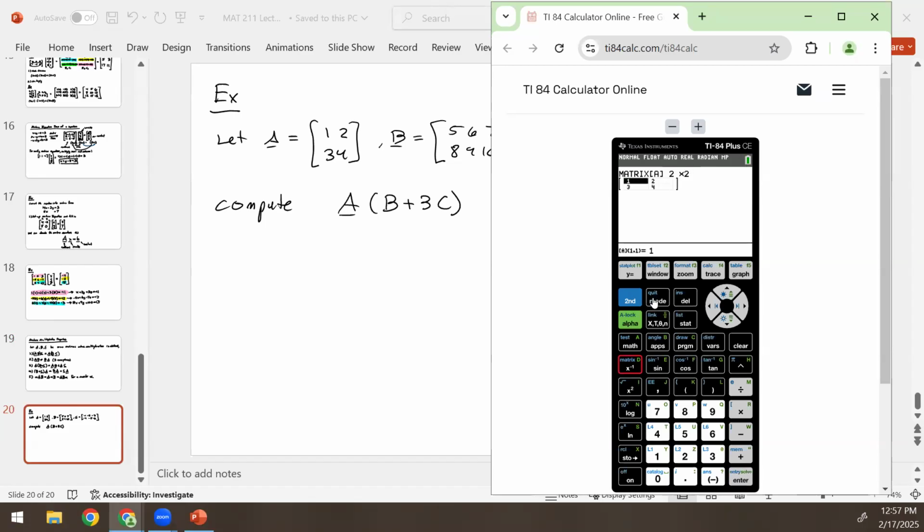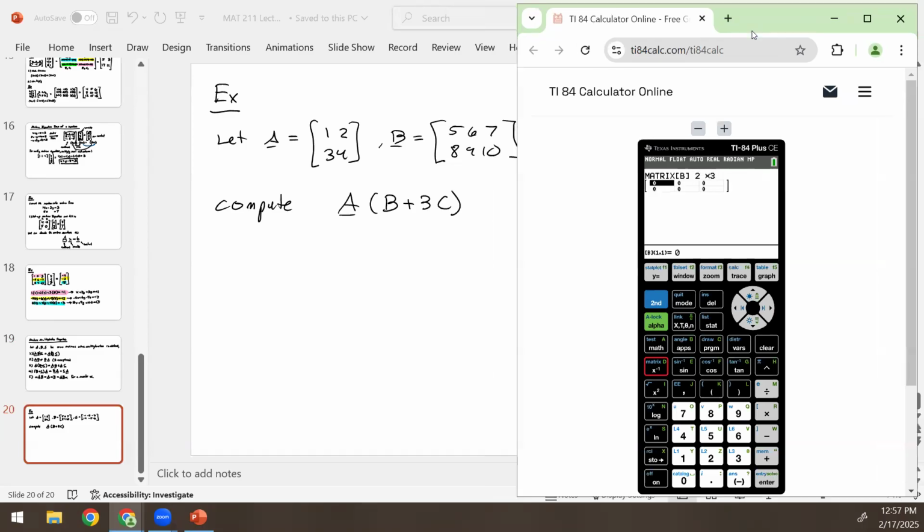So that's our 2 by 2 matrix. Second matrix, hit the right arrow key 2 times, go down to edit for B. 1 by 1, put a 0 there. And this is going to be 2 rows, 3 columns. And so that's going to be 5, 6, 7, 8, 9, 10. That's our 2 by 3.